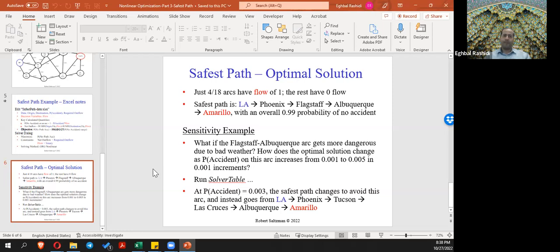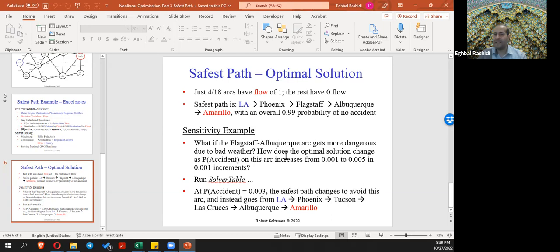99.0001. What if... we can do some sensitivity analysis like we used to have for other problems. So let's do it for one of the cities that we are visiting in the middle, and we try to change the probability of having an accident, and see how much that would impact our flow, our optimal safest path.